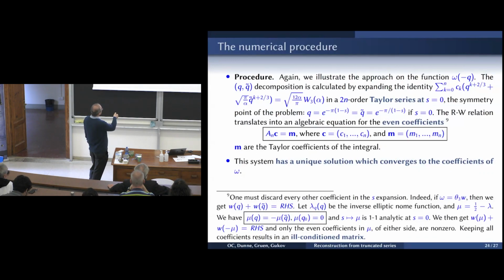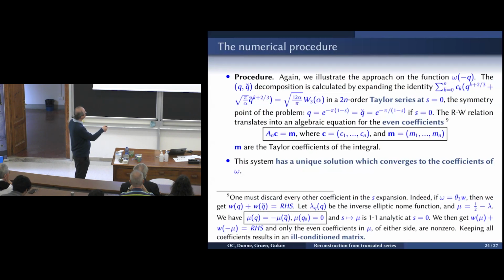So let me assume that what I want to calculate is this omega, and I don't know it, I pretend. So I start with the identity that omega satisfies, which I wrote a number of times. Omega of minus q plus omega of minus q tilde times something equals w. But I don't know the coefficients of omega, pretend, so I take them as unknowns.